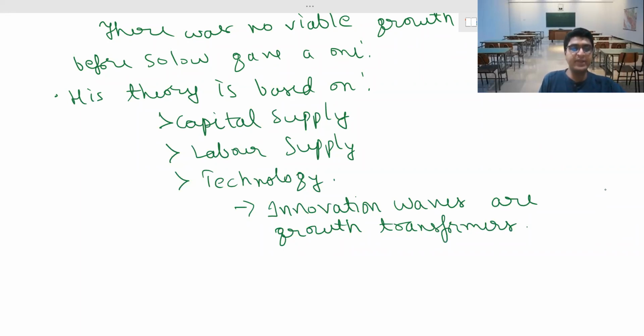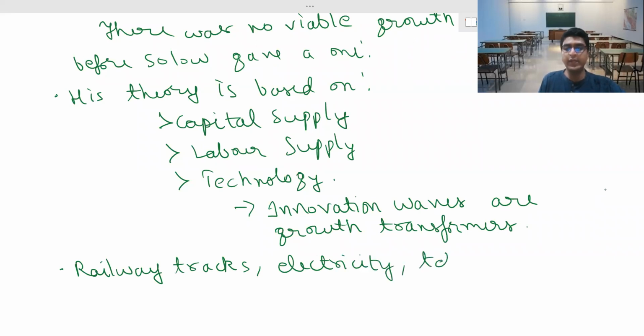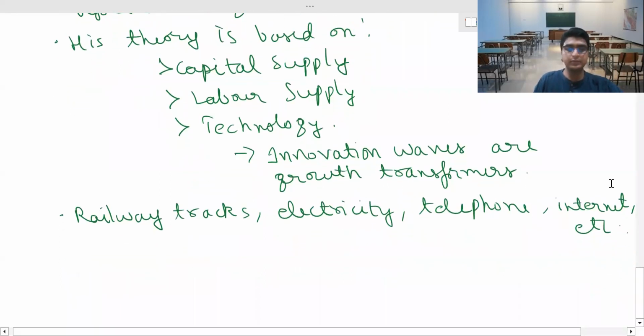So a few examples can be like railway tracks. Okay, they come under some kind of innovation. So it will ease the process of transportation, electricity, telephone, internet. So all of these things come under technology and innovation. All right. So how does this affect anything?